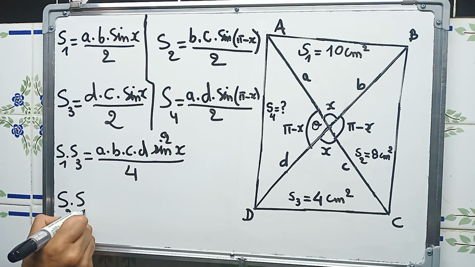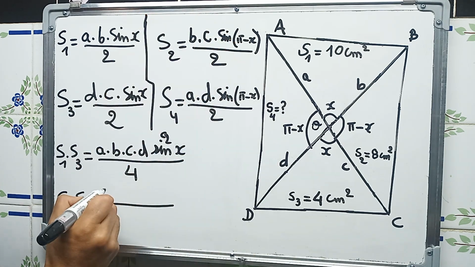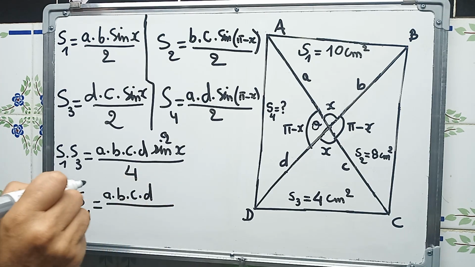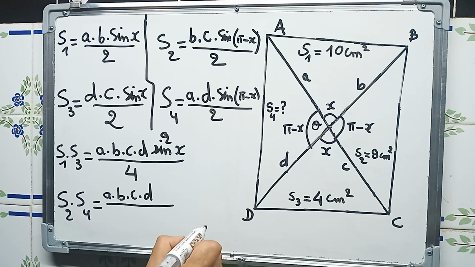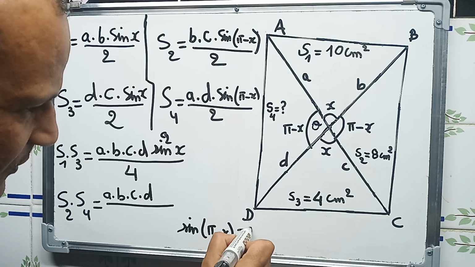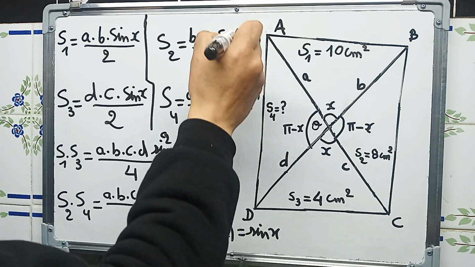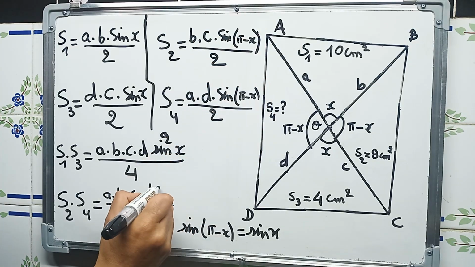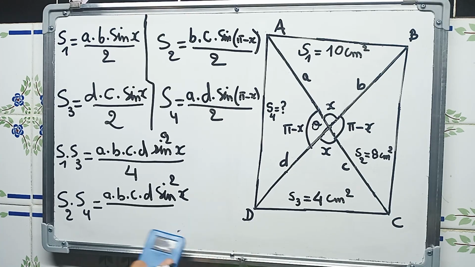S2 times S4 is equal to BC ED, it's the same ABCD, 4 numbers multiplied, and we know that sine of pi minus X is equal to sine of X. This is a known formula, so sine of X times sine of X is sine squared of X, and 2 times 2 is just 4.